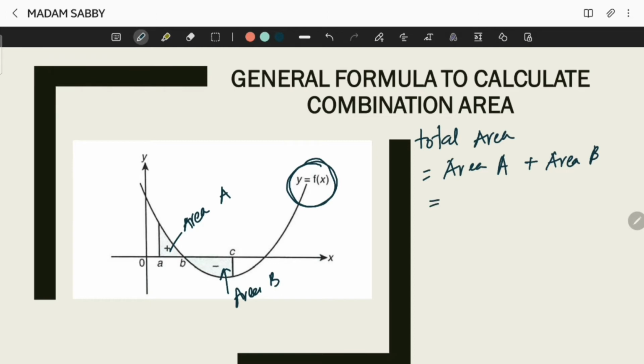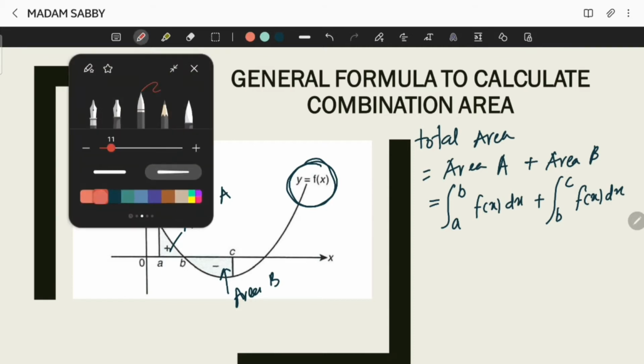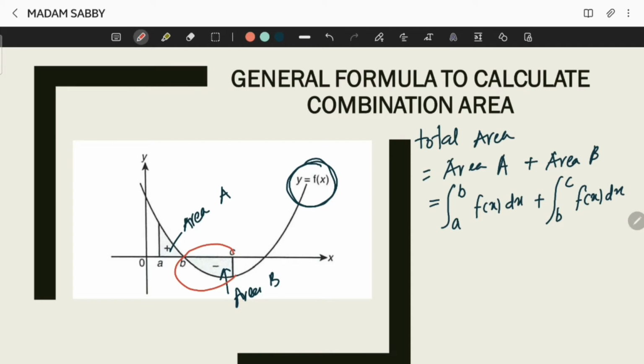Your area A is the integral between b and a of your function f(x) dx, whereas your area B has upper limit c, lower limit b, and f(x) dx as well. From here, you can see that the area between the boundary b and c is below the x-axis.